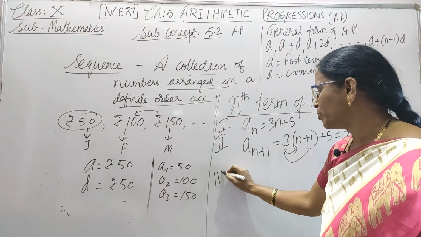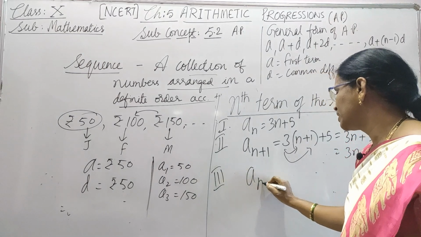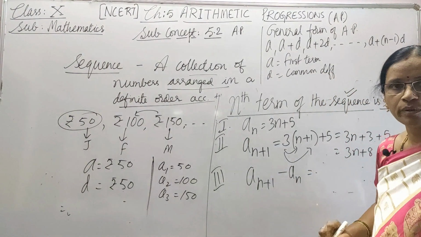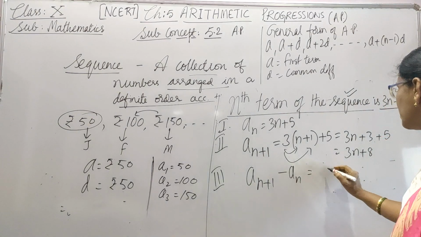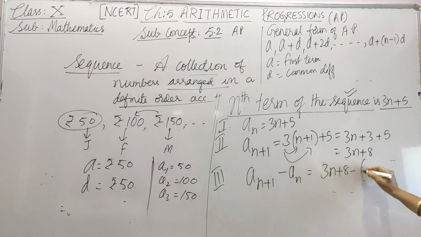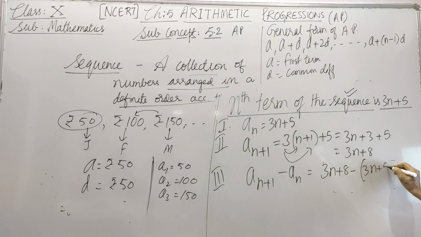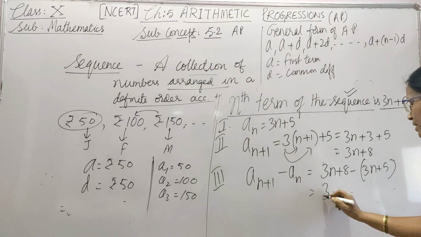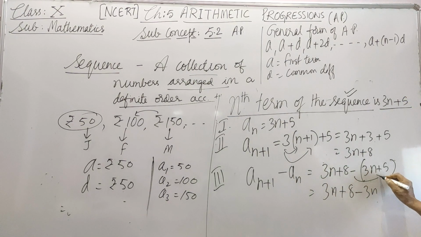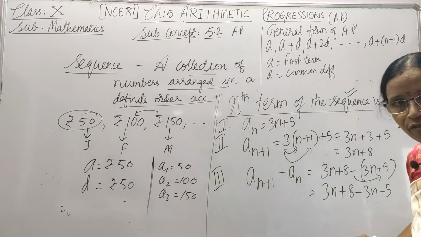In the third step, you calculate an plus 1 minus an. That is 3n plus 8 minus of 3n plus 5. Then this is 3n plus 8 minus 3n, minus into plus, minus 5.